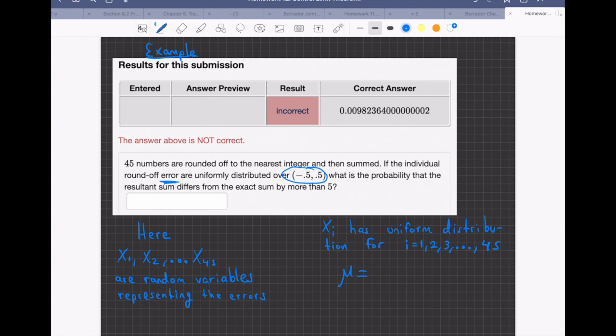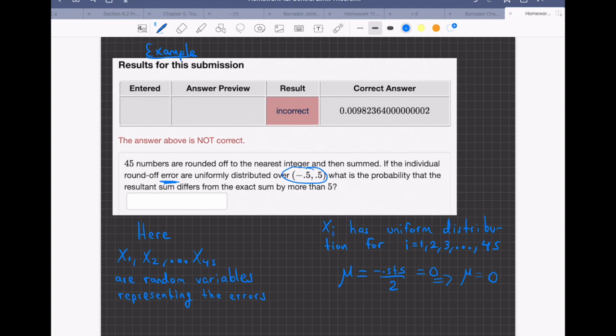If you remember, I said in a previous video that the mean of a uniform distribution is you have to add the values of the endpoints of the interval and divide by 2. This plus this is -0.5 plus 0.5 divided by 2, which is 0. So in this case, the mean is 0.